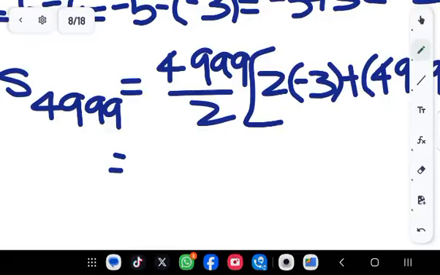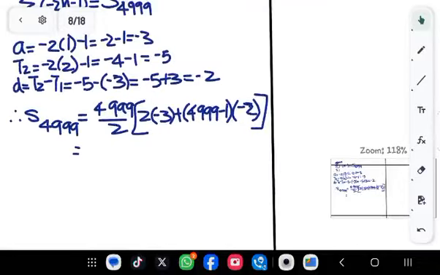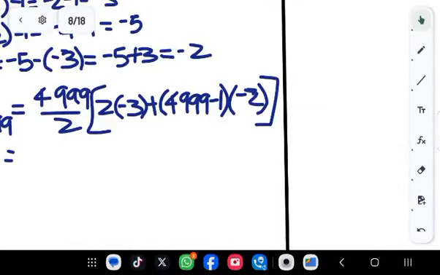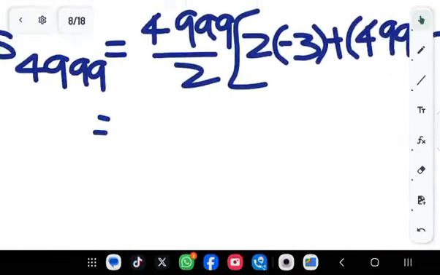Common fraction button, 4,999, downward arrow 2, right arrow, open bracket 2, open bracket, negative 3, close bracket, plus open bracket 4,999 minus 1, close bracket, open bracket, negative 2, close bracket, another close bracket to seal it off, equals, and that gives us a negative number.